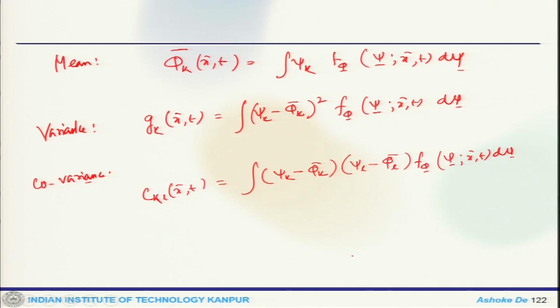Now, this is how from the distribution of the composition PDF you can find out this mean, variance and covariance.